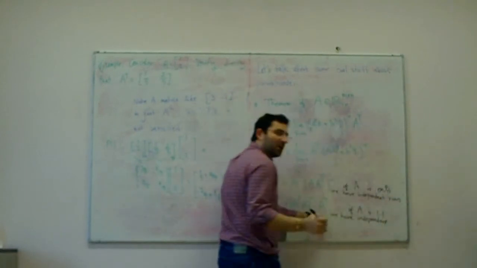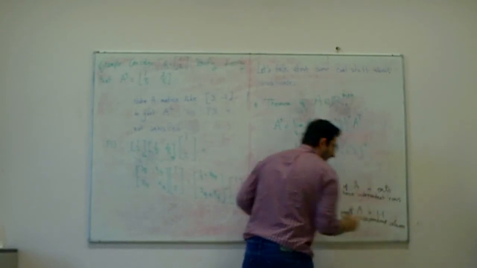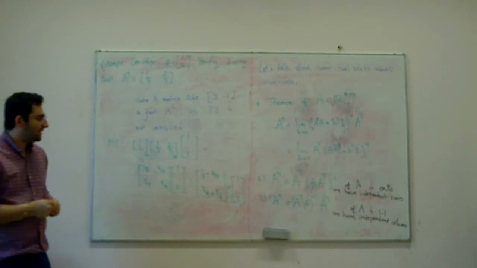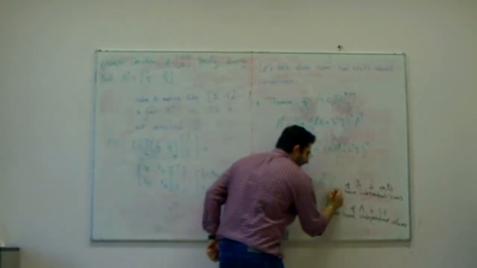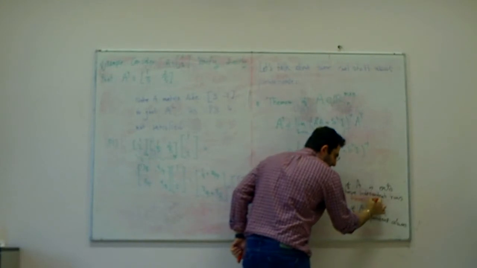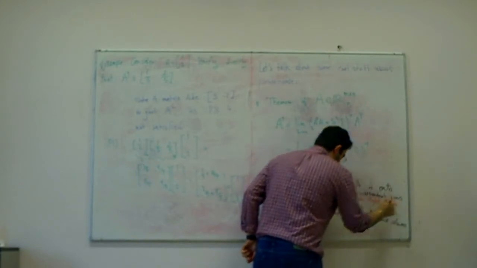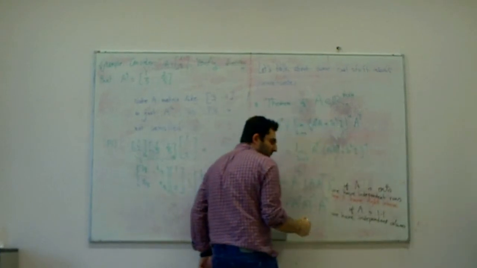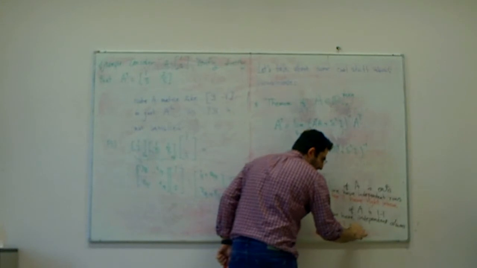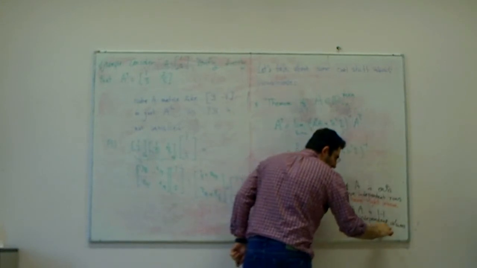And when it is 1 to 1, it means we have independent columns. Now, onto and independent rows means that we will have a right inverse. And if it is 1 to 1 and we have independent columns, it means that we will have a left inverse.